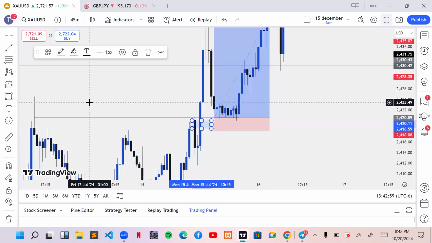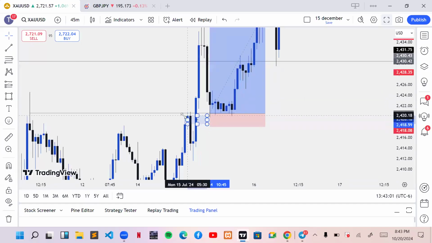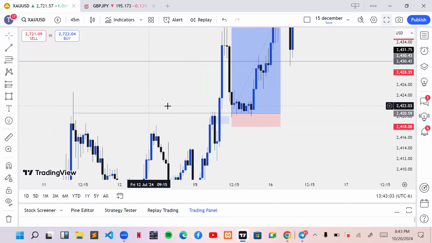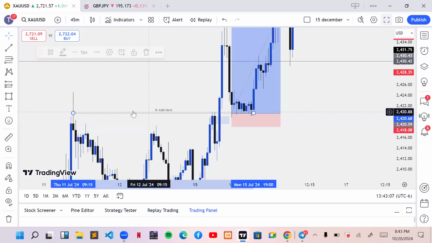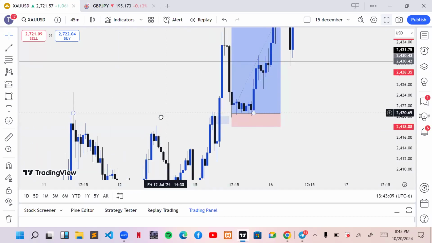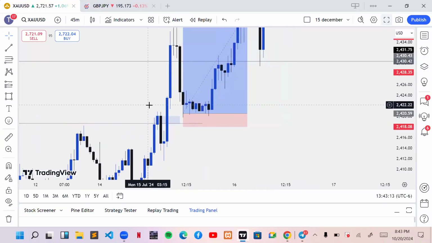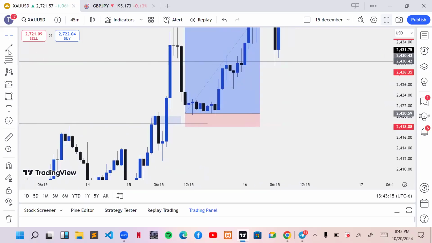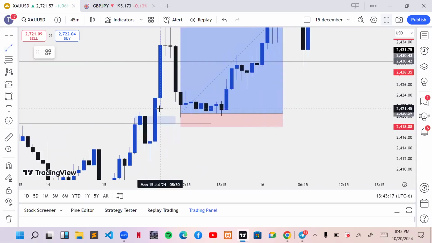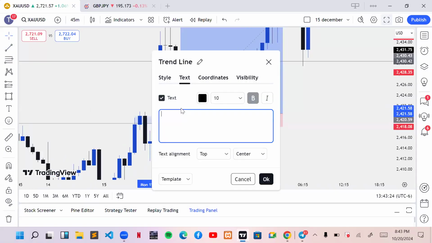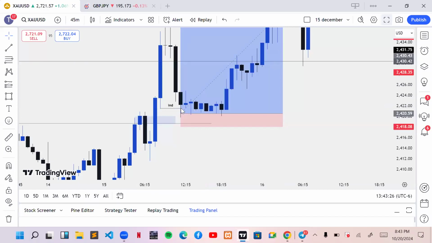Then there was a break of structure, the market breaking past a resistance level here. After the market broke past this resistance level, it made an inducement. That's a pullback, which is this week right here. This is our inducement right here.